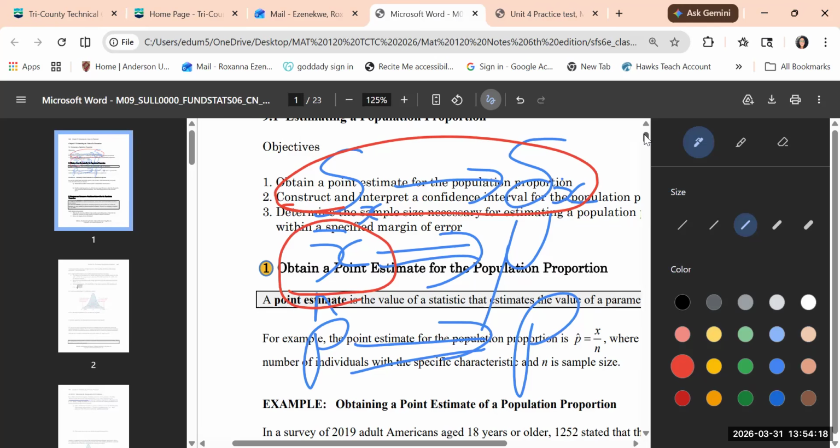X bar is the sample mean, and then mu will be population mean, and we're not supposed to know the parameters. So we shall be estimating the parameters. We're not expected to know them. If you know the parameters, what are you actually doing? Because the essence of doing this is to use the sample to estimate the population parameter.